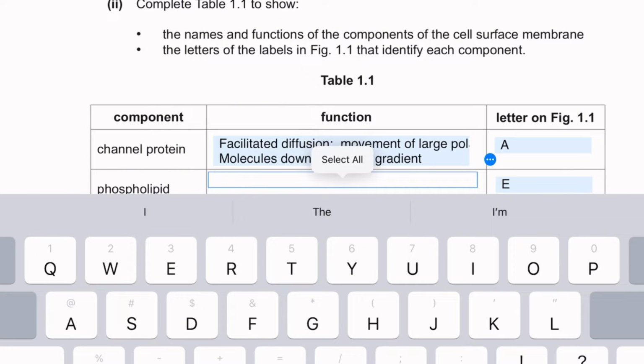One of which will be making the membrane partially permeable because of the hydrophobic inner core of the phospholipid membrane.